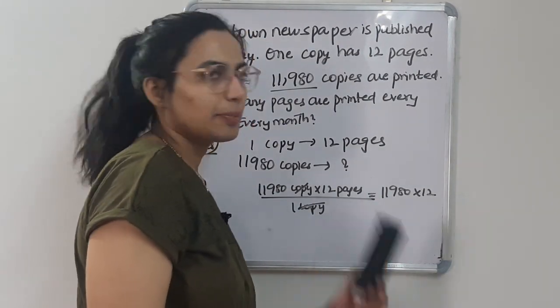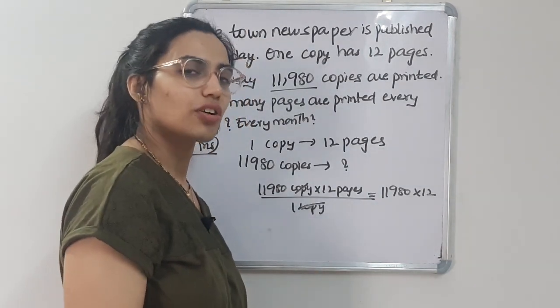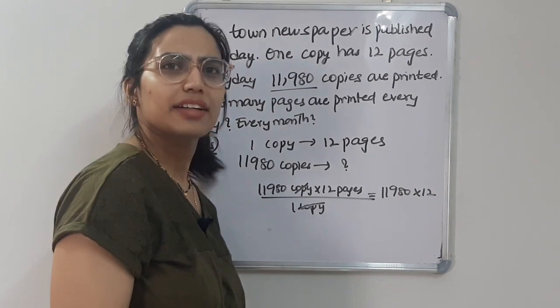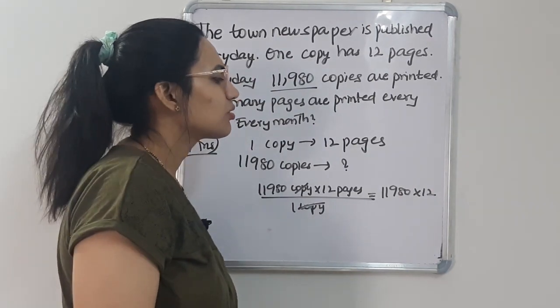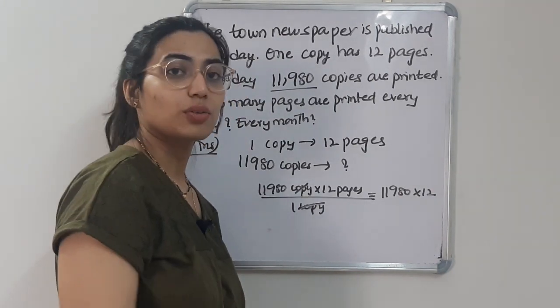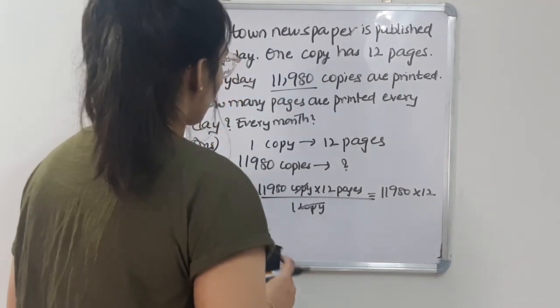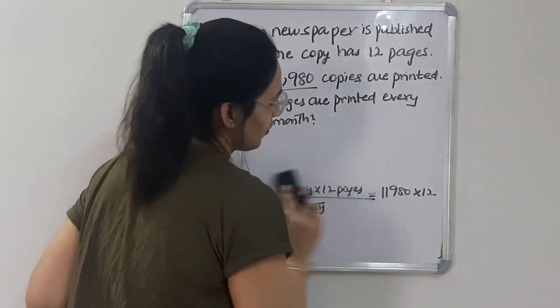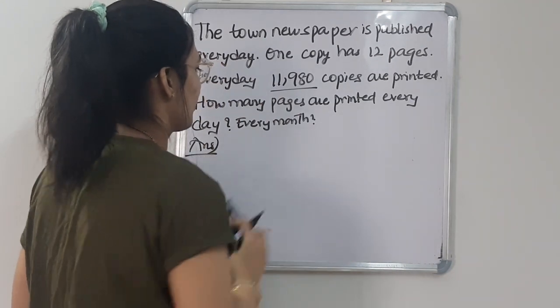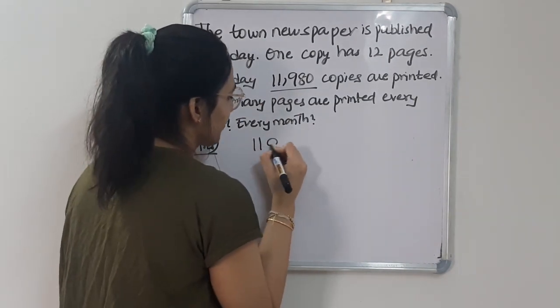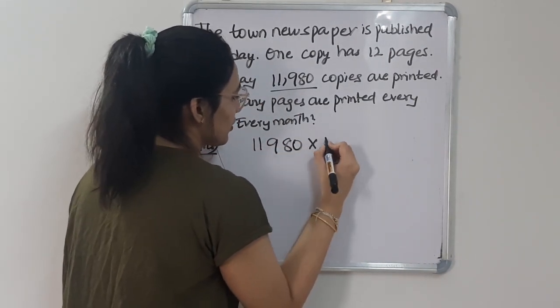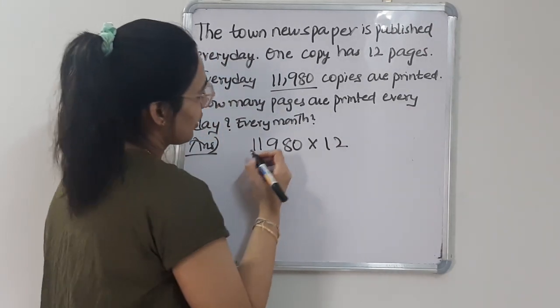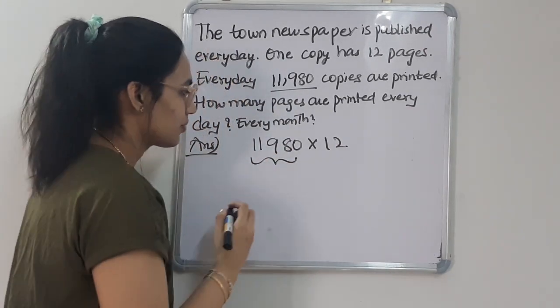This you can multiply directly, but I have a very short way to multiply it without going into the difficult route of normal multiplication. Let me show you that. So we need 11980 into 12. Right? What is 11980?